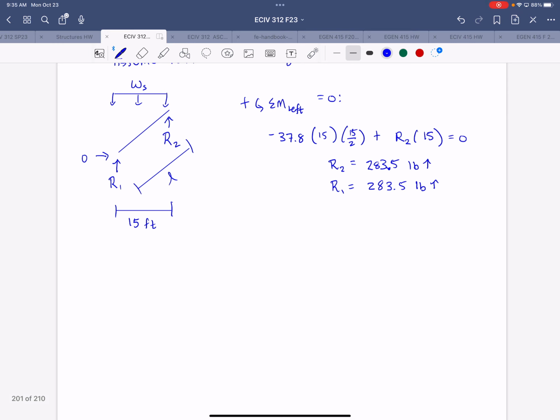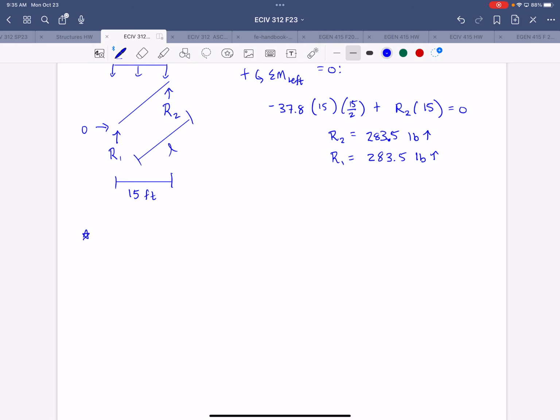All right, so now we need to break this into the parallel and perpendicular components. So the parallel force is what causes axial forces in our rafter. And the perpendicular component causes shear and moment.